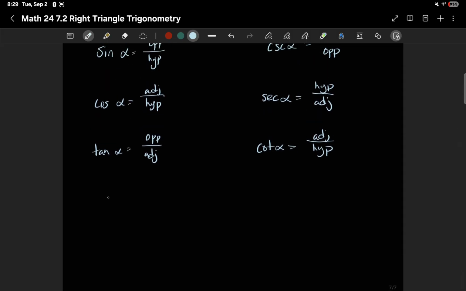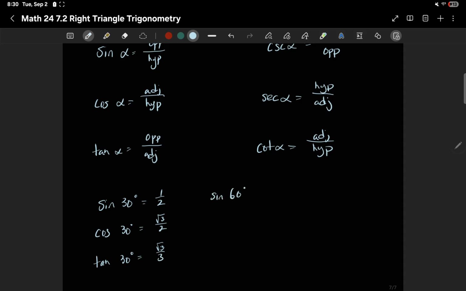And then we found, using our proof of the 30-60-90 and the 45-45-90, that sine of 30 degrees is equal to 1/2, cosine of 30 degrees is equal to root 3 over 2, and tangent of 30 degrees is equal to root 3 over 3.